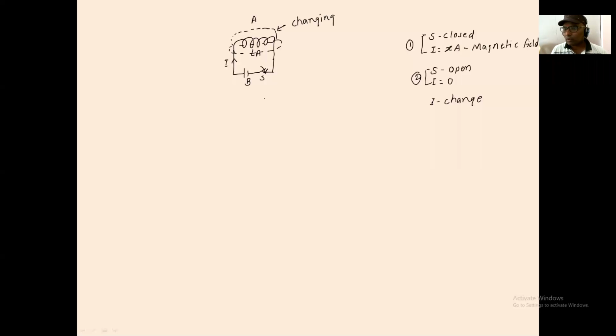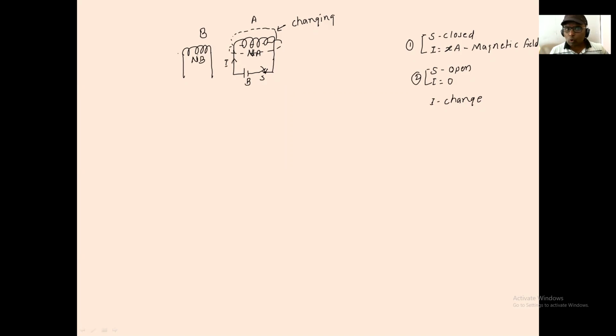Is it right? We already discussed this thing. Now, assume another coil B, which is placed near to coil A. The number of turns of coil B is NB.